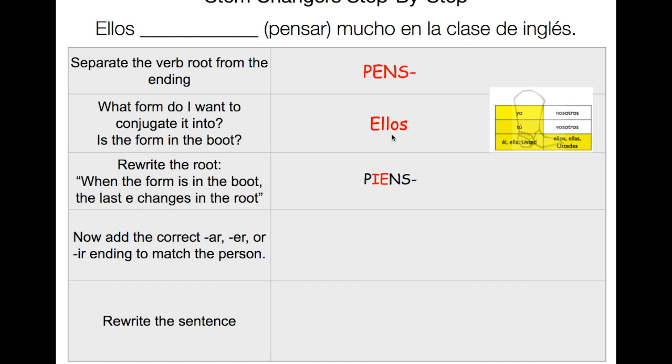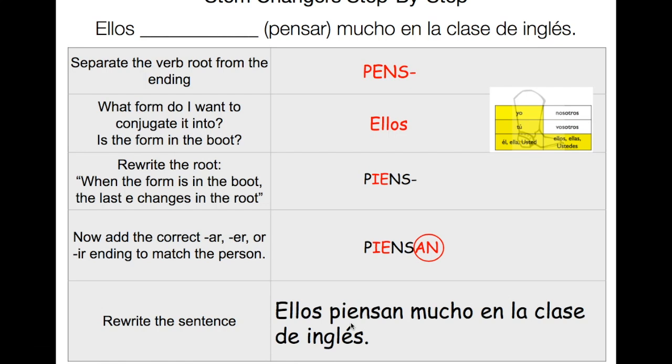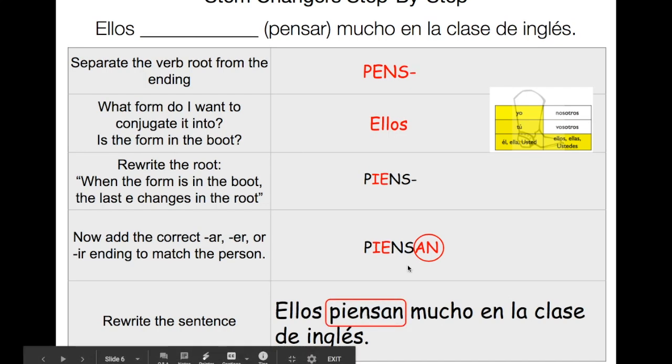Since we have ellos as the subject, the ending for AR verbs, because pensar is an AR verb, is an. So write down piensan. And last, rewrite the sentence. Ellos piensan mucho en la clase de inglés. And here is your conjugation.